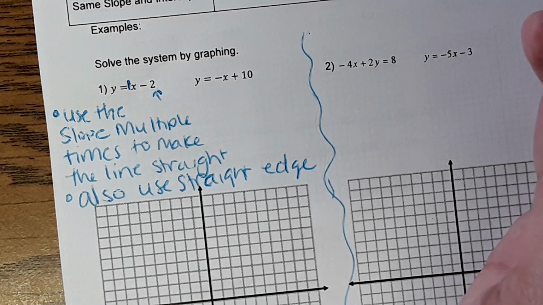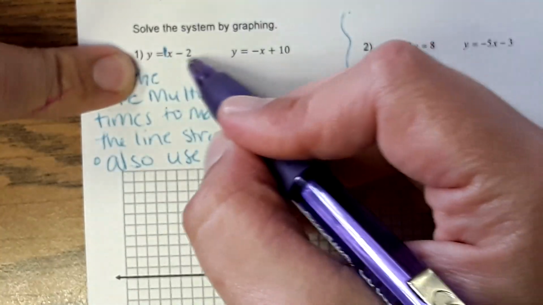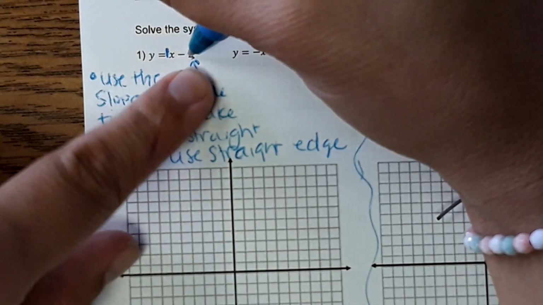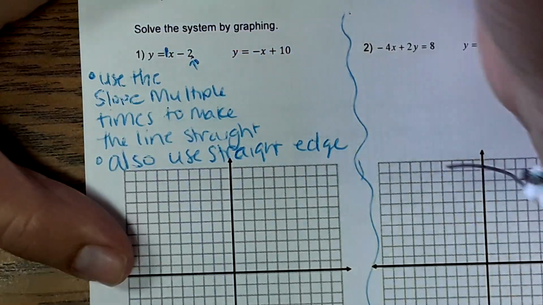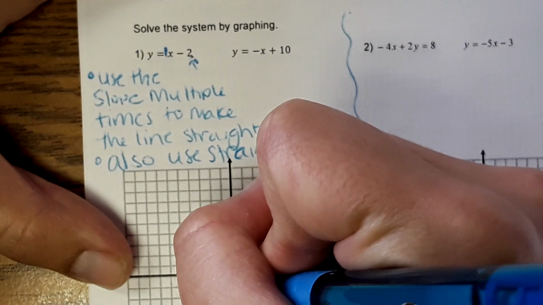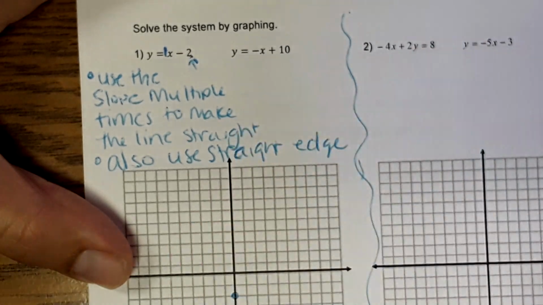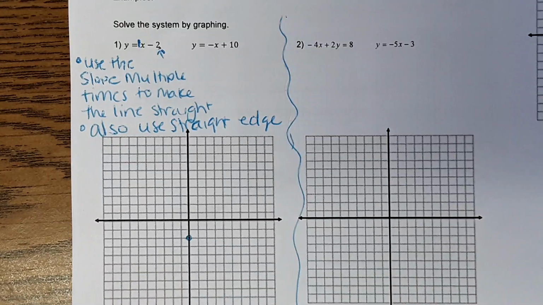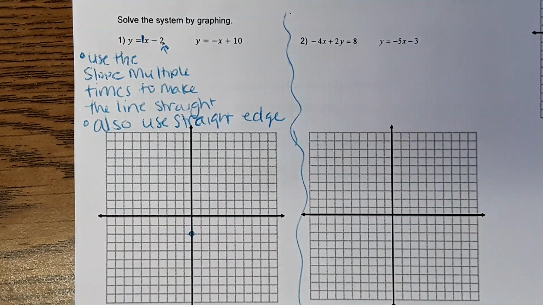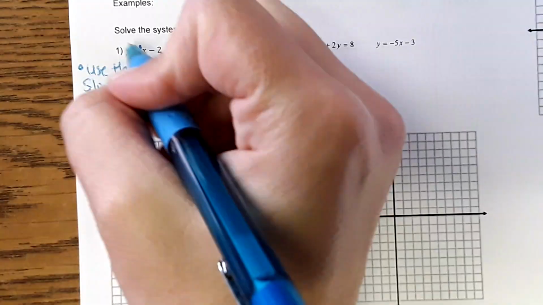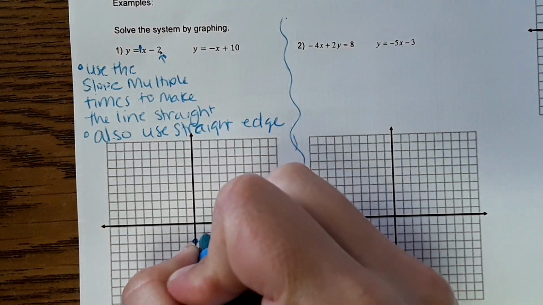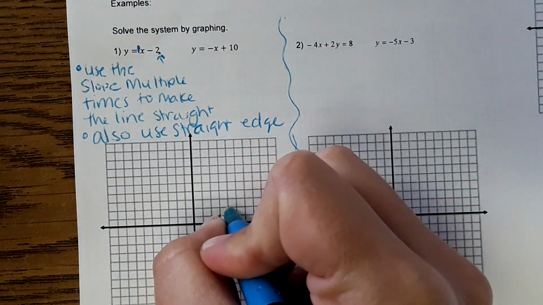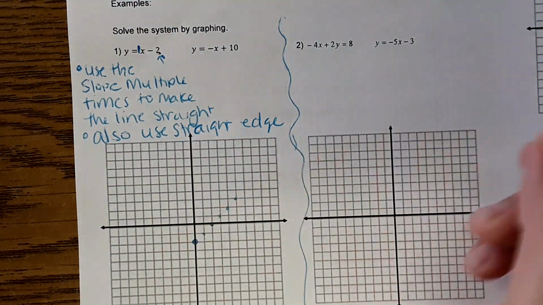Okay, so I'm going to graph these two lines, starting with the first one, y-intercept of -2, and then a slope of 1. So the y-intercept is down here on the y-axis at -2. And then from here, the slope is 1, so that's up 1 over 1. And I found the smaller you make your dots, the more accurate your line will be too.